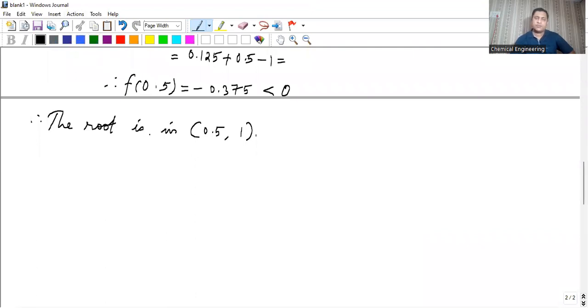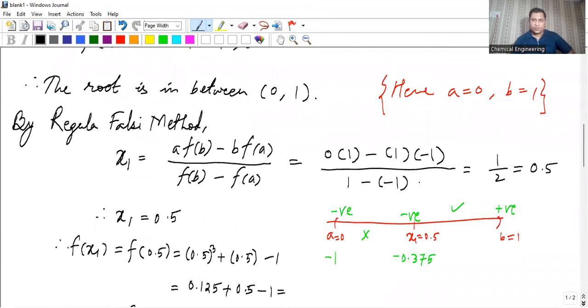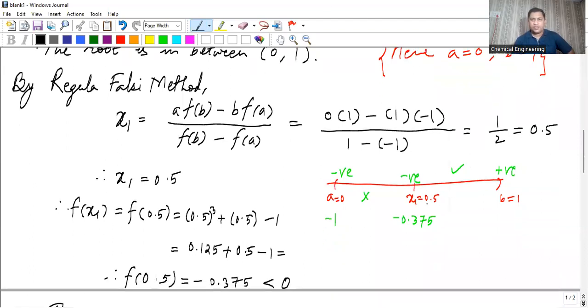Can you please explain again why that interval is rejected and accepted? Yes, surely. See, here at 0, we get a negative value of the function. Is that okay? Yes, sir. At x1 again, we are getting a negative value of the function. Okay.